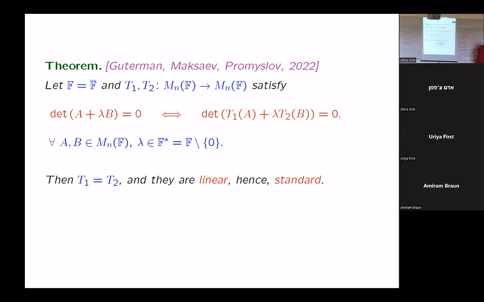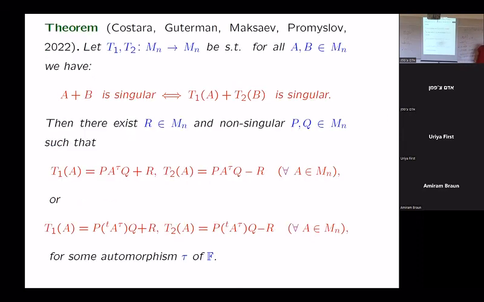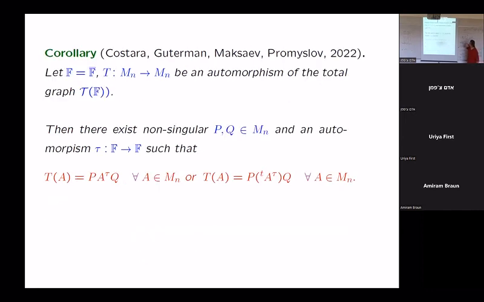And on the basis of this result, later on, this will probably be the last thing I'm going to mention today, together with Konstantin, Artem and Valentin, we were able to obtain the complete characterization for automorphisms of a total graph.